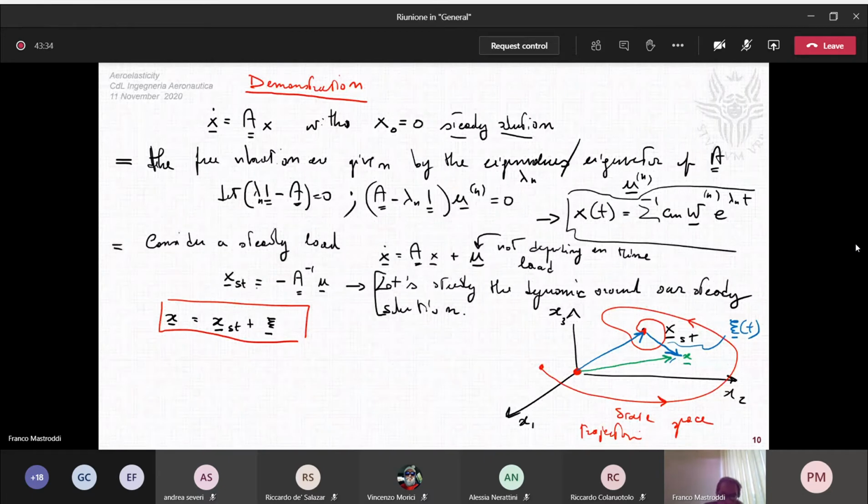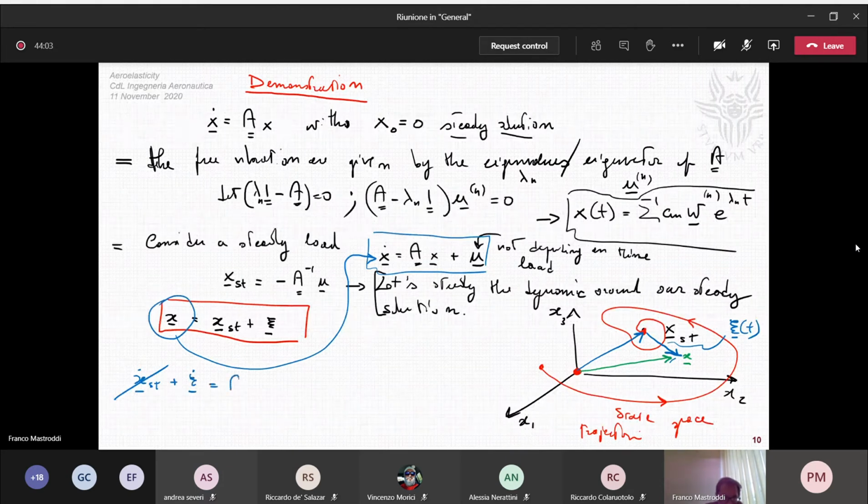Simple. Substitute this to our equation here. Substitute your x variable here, and you have that x dot, which is x steady dot, but this is 0 because steady solution is not depending on time, plus c dot is equal to A applied to x, but x is x steady plus c, plus u.